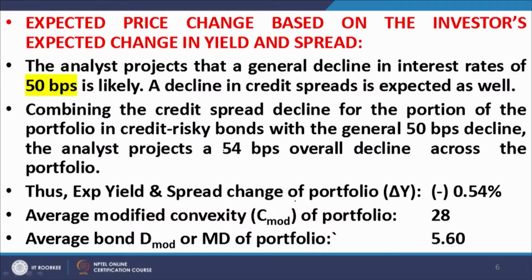So, we end up with a total decline of 54 basis points across the portfolio. The expected yield and spread change of the portfolio is therefore minus 0.54%, as I explained just now, 54 basis points. The modified duration is given as 5.60 and the modified convexity of the portfolio is given as 28.